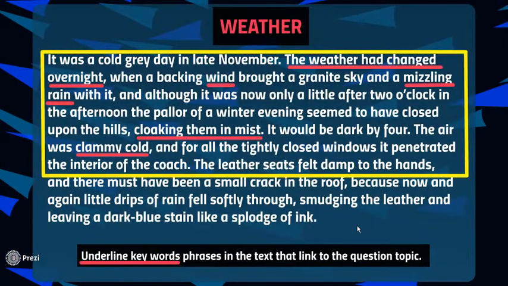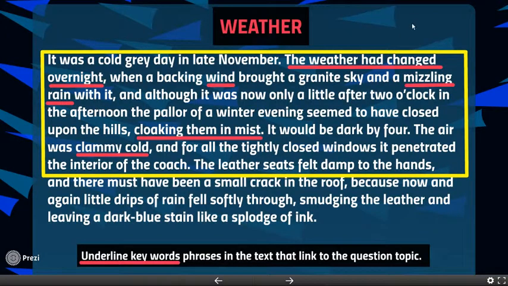Okay, so you can see from the red underlining here that these are just ideas within this yellow box that could actually relate to the weather. So we've got the weather had changed overnight, the idea of the wind, the idea of rain, cloaking mist, and the idea that the air itself was clammy cold. What you need to go really careful of with this question is that you don't look beyond the idea of weather.